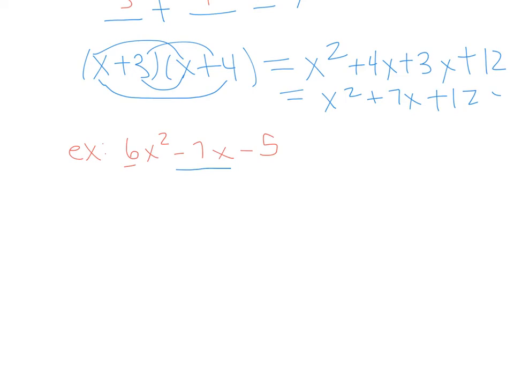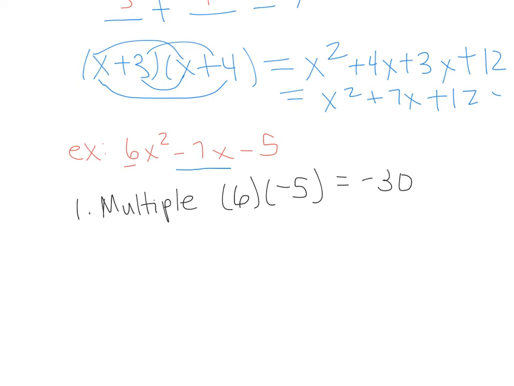Okay, but the step-by-step method, first thing we do is we multiply the leading coefficient and the constant term. Okay, so the 6 times the negative 5, and we get a negative 30. And the second step is that we want to find two integers.